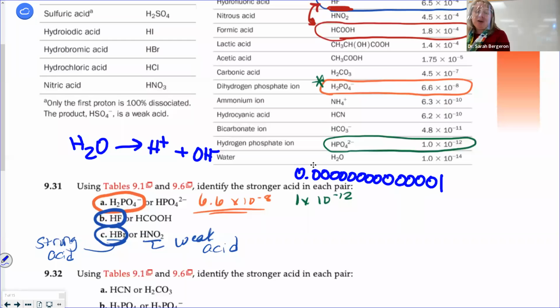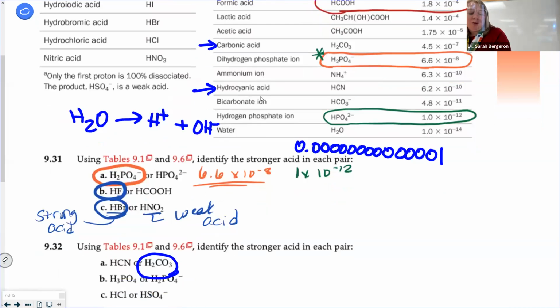So HCN is right here, hydrocyanic acid, and H2CO3 is carbonic acid. So out of these two, which one is stronger? Carbonic acid, H2CO3. How did you do that? You just got it off the table, right? If you can read the table, you've got your answer. You just have to know how to read the table.